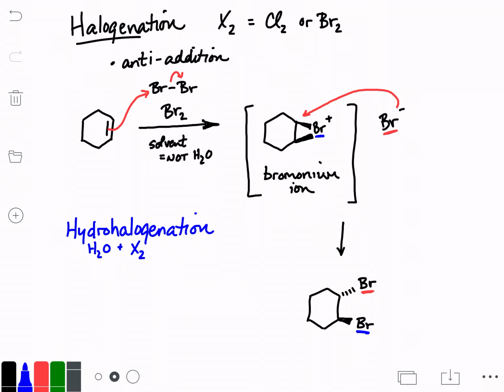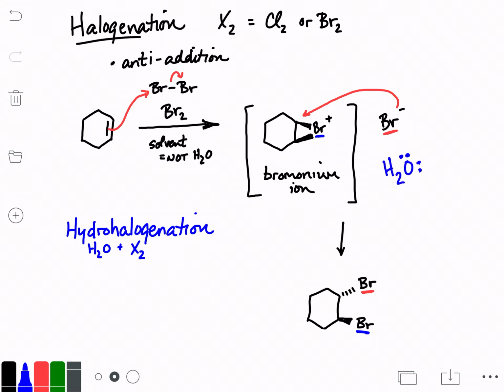The first step of that mechanism is exactly the same as what we saw before, in that we have our nucleophilic pi bond attacking one half of the X2 molecule to give us the halonium, in this case bromonium ion intermediate. But the difference comes when we get to the second step.